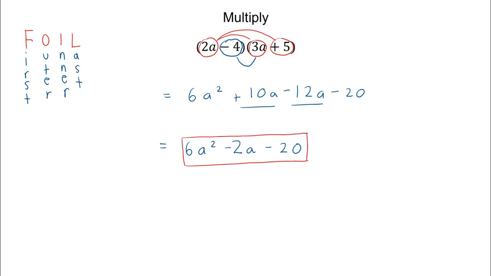And that's just a reminder to multiply the last terms in each binomial together. The last term in the first binomial is -4, and the last term in the second binomial is +5. So students remember FOIL to remind us to multiply the first terms together, the outer terms together, the inner terms together, and the last terms together. But ultimately, in the end, we're just doing a double distribution.